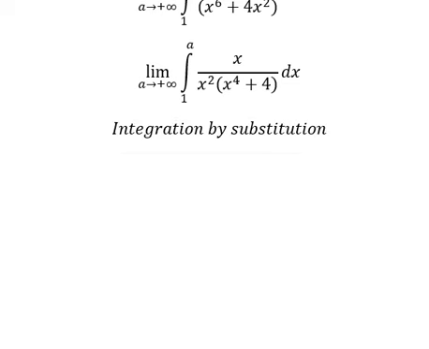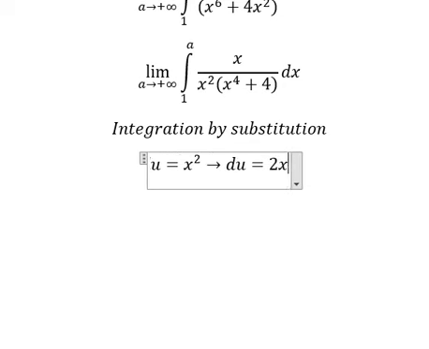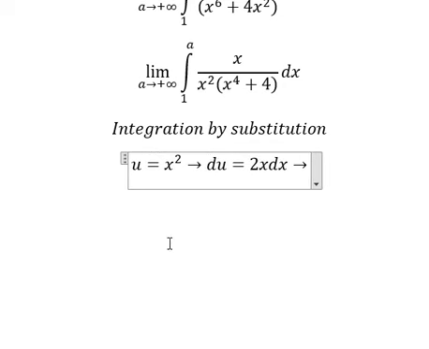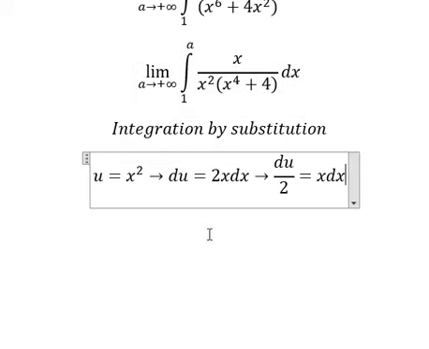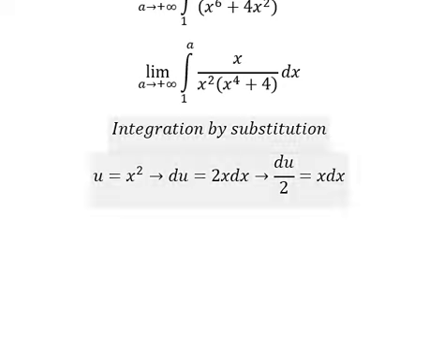So I will put u equals s squared. After that, we need to first take the derivative of both sides, and we have 2s ds. Because we don't have the number 2, we need to divide both sides by 2. Next, we need to change the bounds.